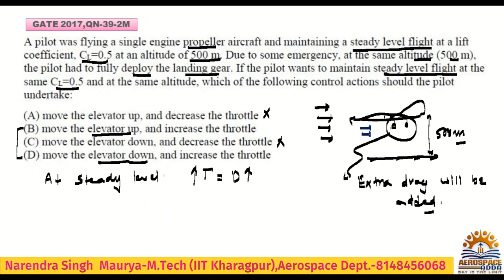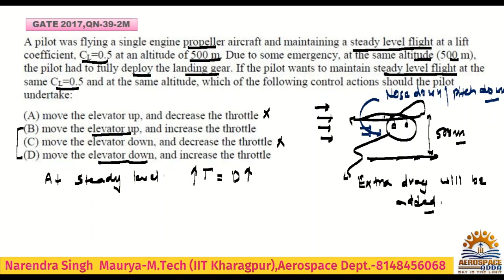Once air hits the landing gear, the aircraft will try to go into a nose down or pitch down condition. But you need to maintain flight at a steady level.